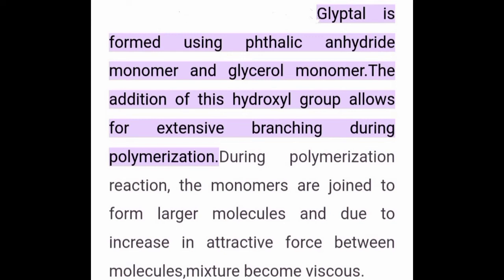Glycerol, you know, is a trihydric alcohol containing three OH groups in its structure, and anhydride, you know, contains oxygen linked on both sides with two similar groups which are bonded with the aromatic ring. Now let us see how it is formed by polymerization of the two monomers, phthalic anhydride and glycerol.